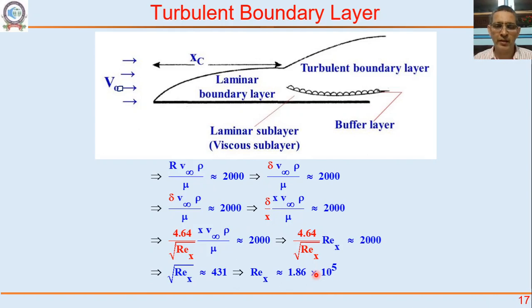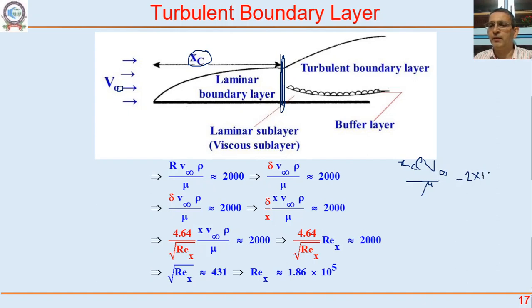Which means that the critical Reynolds number, or the critical length at which the Reynolds number is based on this critical value, so XC, critical distance, XC rho V infinity by mu is about 2 into 10 raised to 5.